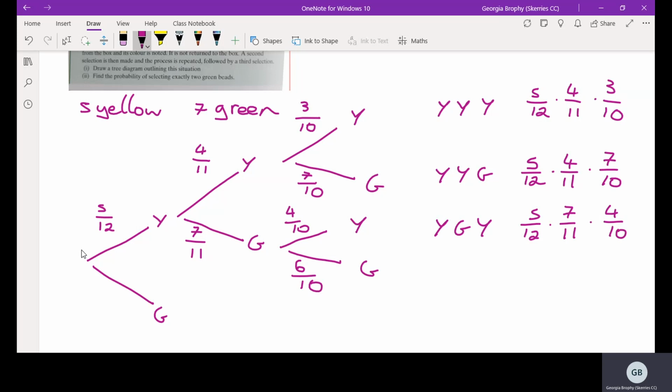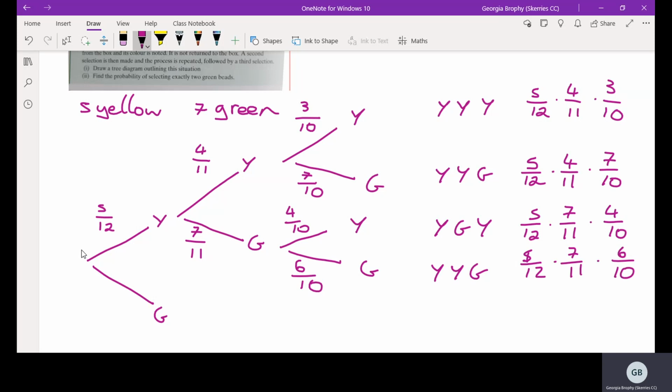If, on the other hand, we chose yellow, green, green, let's look at our probabilities there. We've got 5 over 12 times 7 over 11, but then we went for a green, and the probability of choosing a green was 6 over 10.